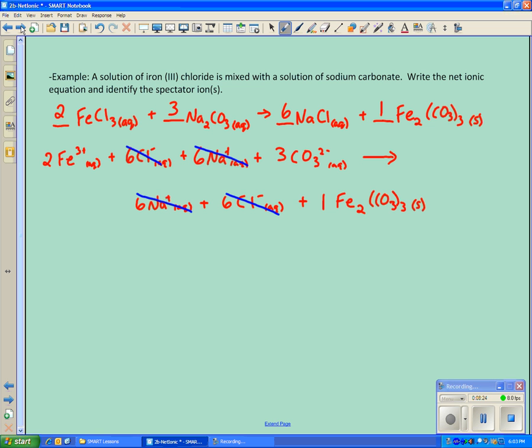So now our net reaction is what we're left with, and that is 2 iron ions and 3 carbonate ions.